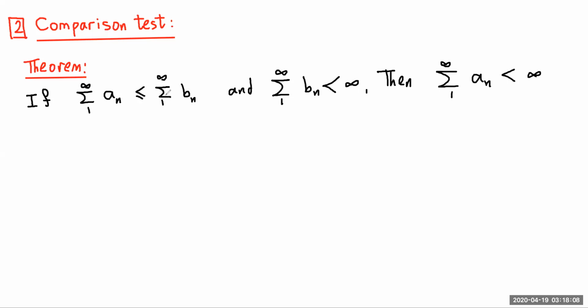It's logical, because if this term is less than infinity, then this one is also less than infinity. And we always suppose all of these tests are for positive series.